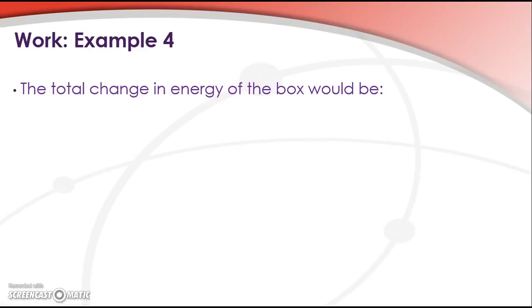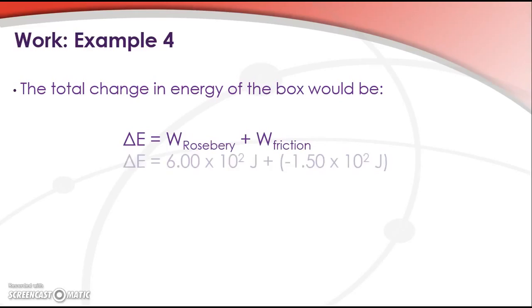So now what we can do is consider the total change in energy of the box. We can consider the work applied by Ms. Roseberry and the work done by friction, and do a simple algebraic sum.